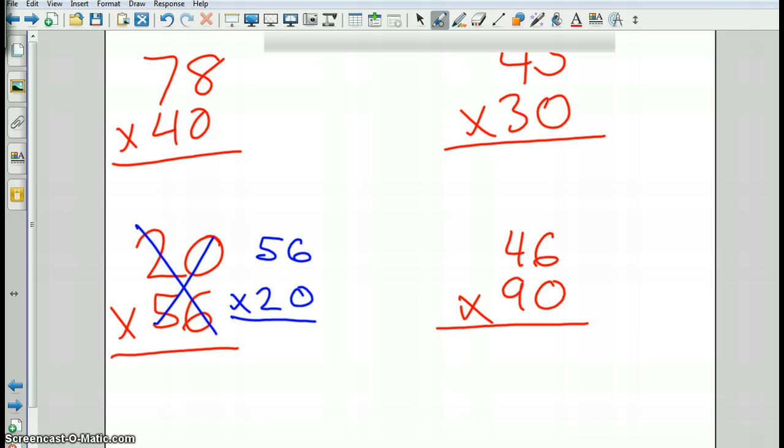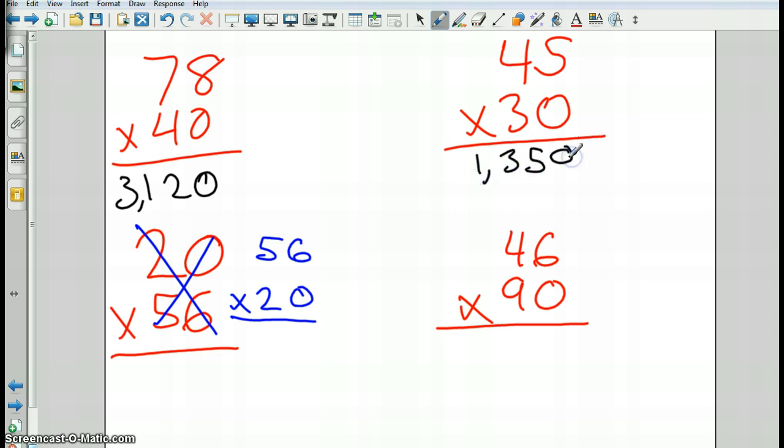Alright, now after you've had an opportunity to work through those problems, I'm going to write down the answers for each one. 78 times 40. The answer is 3,120. 45 times 30. The answer is 1,350.